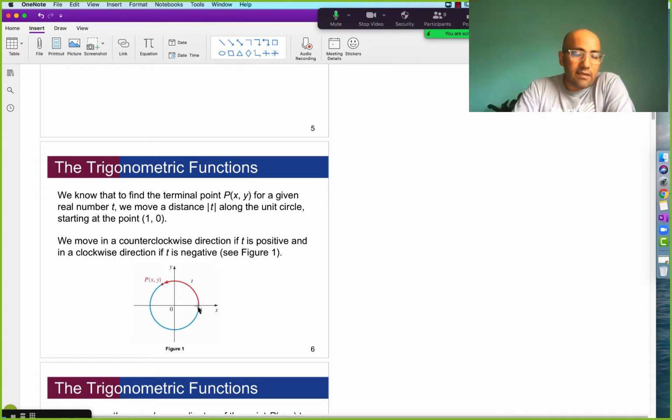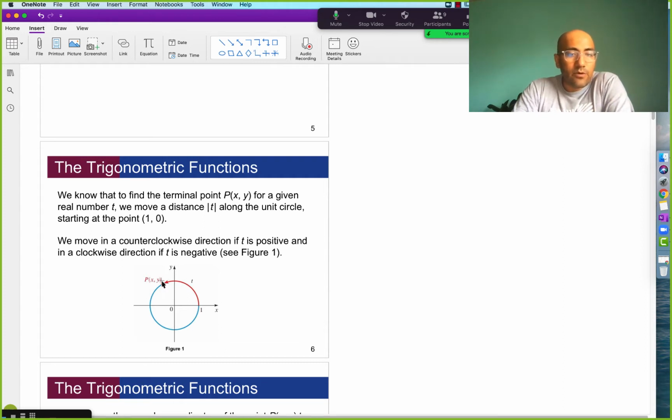If t is negative, then it goes in a clockwise direction. Remember that the circumference of the entire thing is 2 pi. So if t equals pi, or approximately 3.14 units, then it goes from there to there, right? If t equals half a pi, it'll go from there to there, right? Okay, so wherever t lands, it'll land on one point on the unit circle.